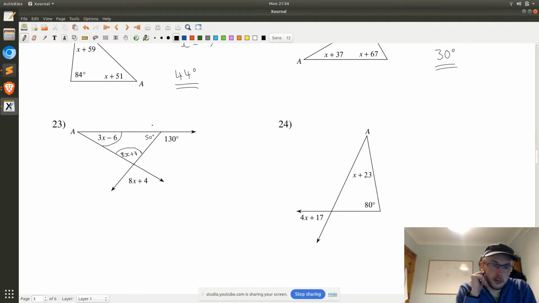And 50 plus 4 is 54, take 6 is 48. 48 plus 11x is 180. 180 take 48 is 132. 132 divided by 11 is 12. A is 3x take 6, so 3 times 12 take away 6 is 24.